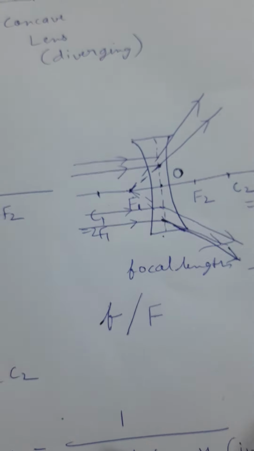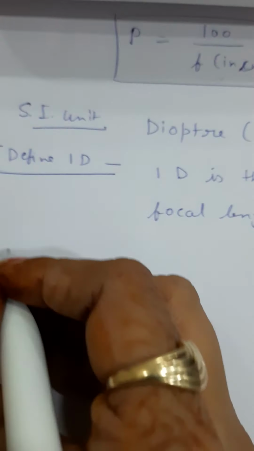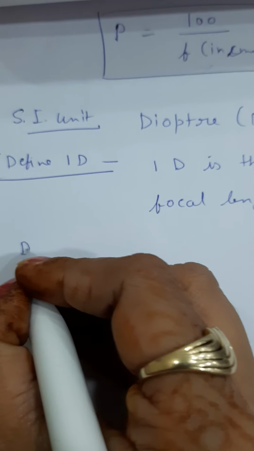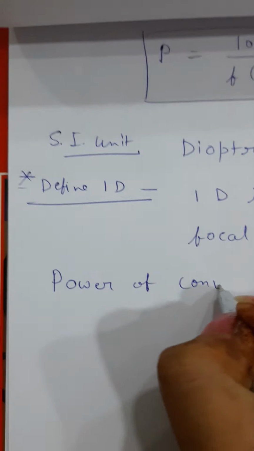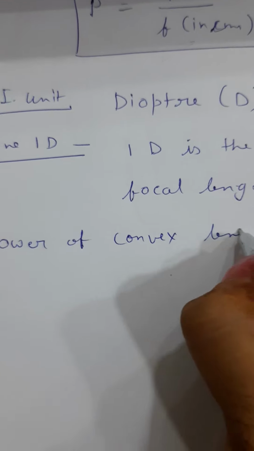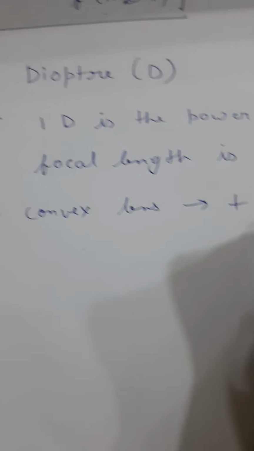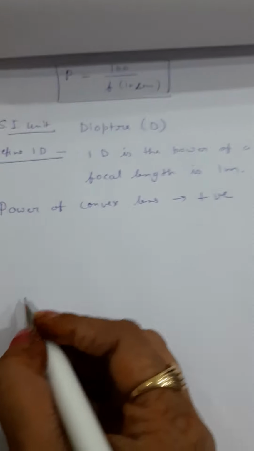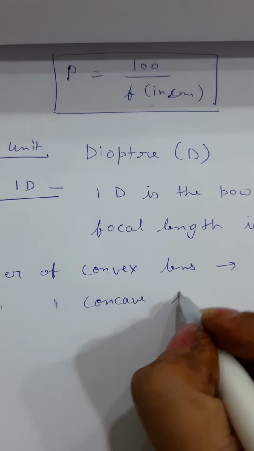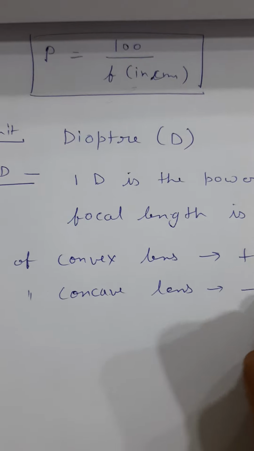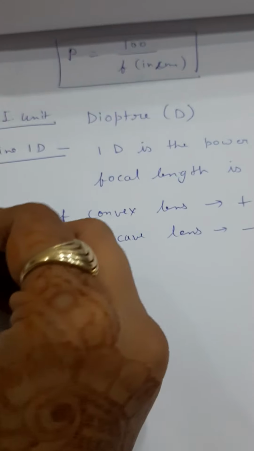As the focal lengths have positive and negative signs, you can write in short that the power of a convex lens will always be positive, and the power of a concave lens will always be negative. These things you can remember. We will discuss these once again when we solve numericals.